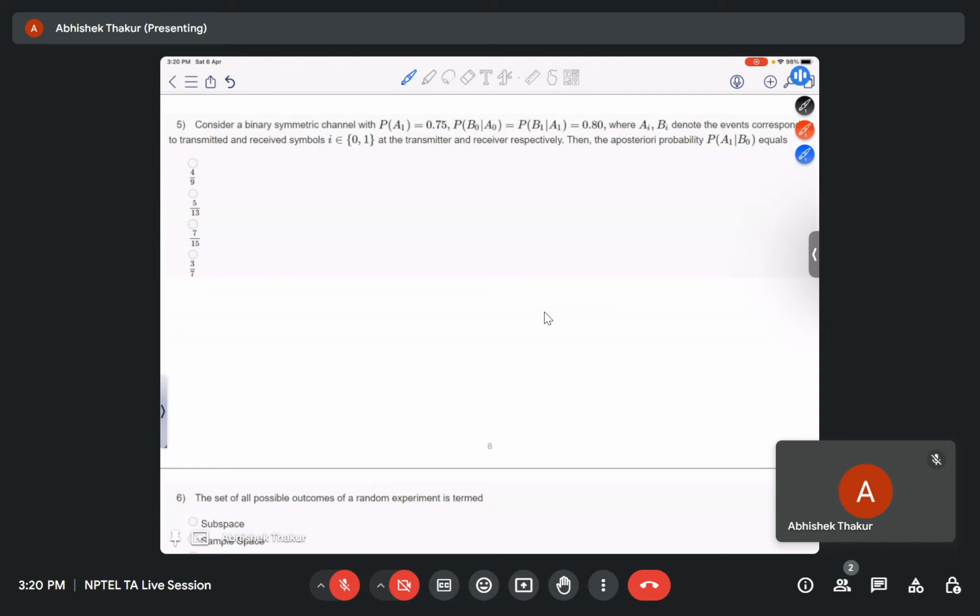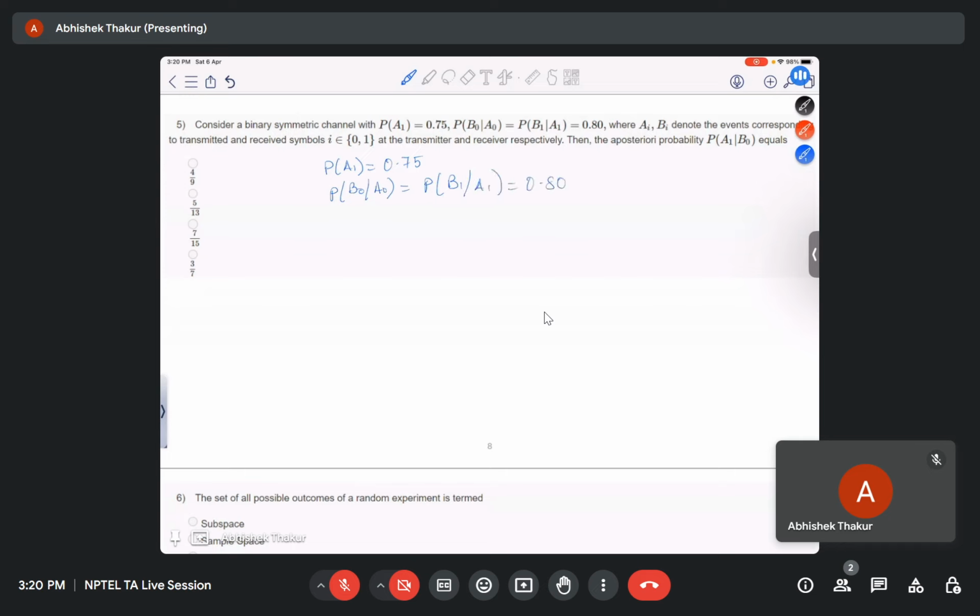Consider a binary symmetric channel in which probability of A1 is given as 0.75, and probability of B naught given that A naught has occurred is equal to probability of B1 given that A1 has occurred, which is 0.80.